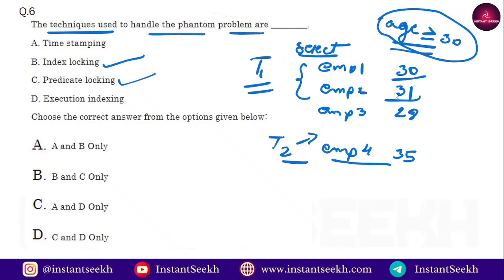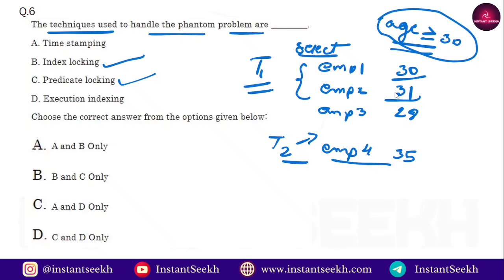This prevents other transactions from inserting or deleting rows that affect the result set. Predicate locking involves locking the entire set of rows that satisfy a condition. This ensures no new rows can be inserted or deleted.